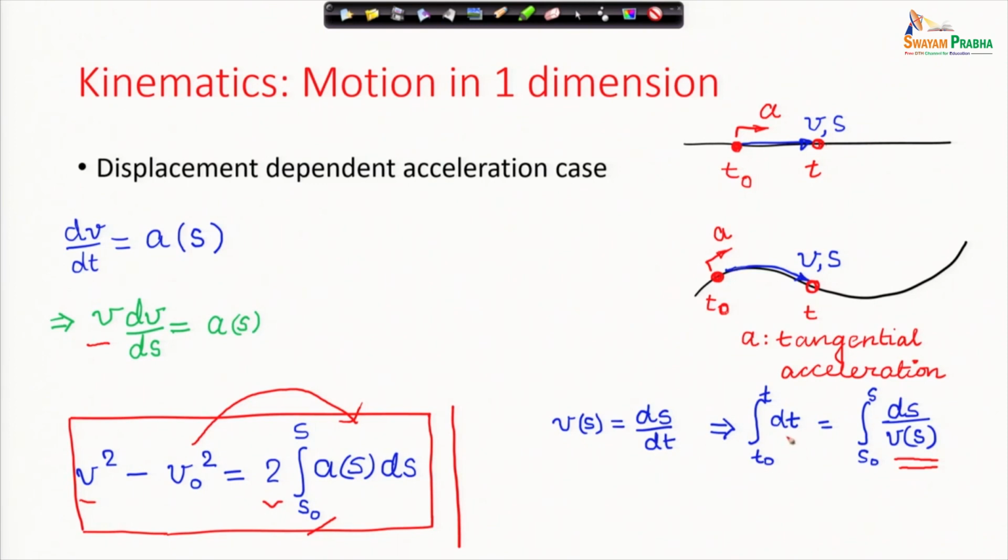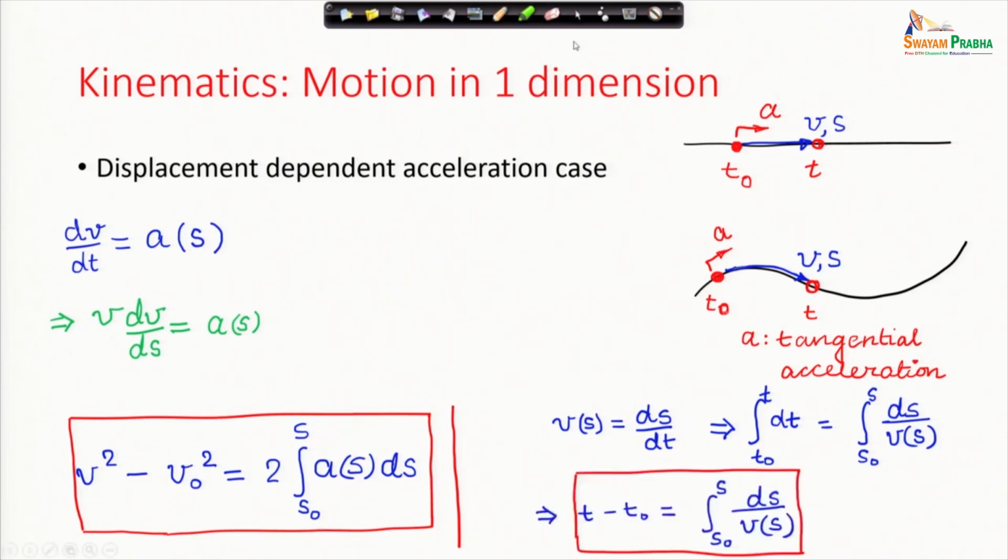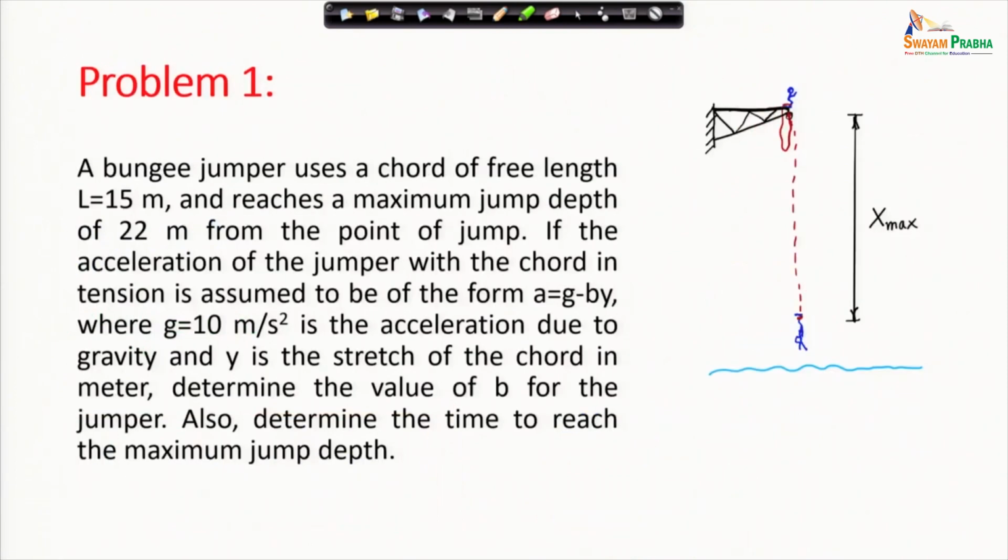That implies I can find time by integrating ds by velocity as a function of s. And if you can perform this integral, then you will get the flow of time. Once again, there was a sign to choose, you have to be careful about. So this is the expression of flow of time. If this integral can be performed, then you will get the time elapsed.